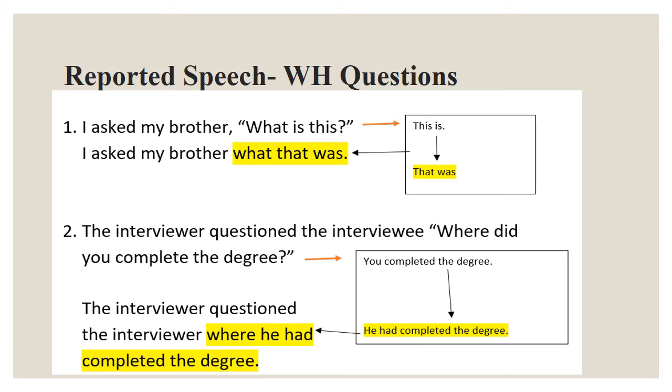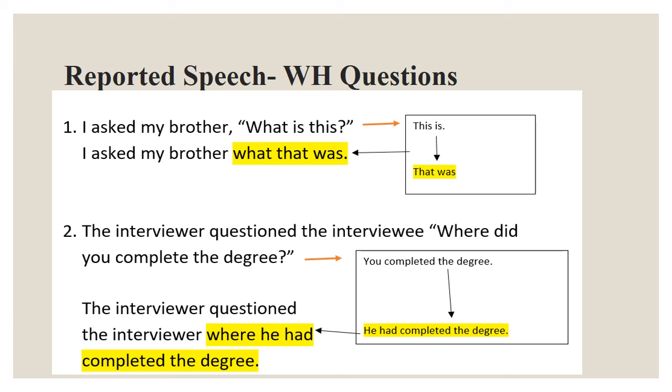It becomes "this is." And then after doing the tense change, it becomes "that was," and it should come to the answer after "what." Look at the answer there. I asked my brother what that was.